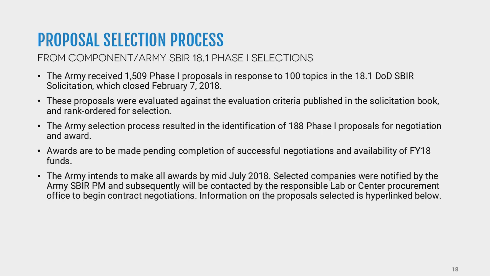Don't change your personnel if possible, because all of those things will either cause you to become ineligible, or it will again drag out the award time, because there are extra steps involved if we're able to accept the name change or the personnel change.